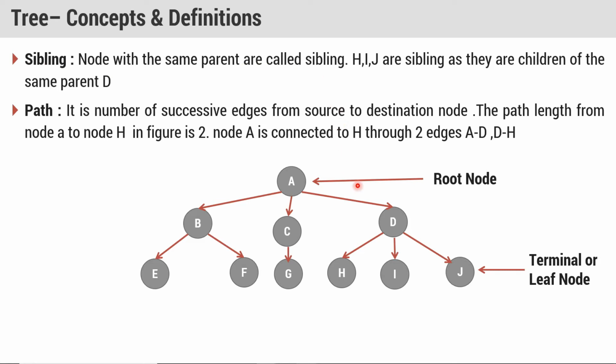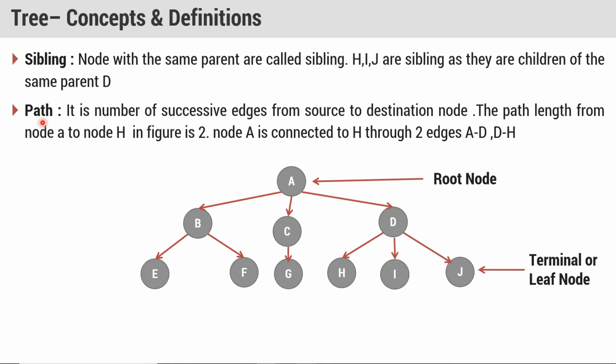Here in this figure, D is the node which has children H, I and J. So H, I and J are siblings as they are children of the same parent D. In the same way, B is the parent and E and F are siblings because E and F have the same parent. So sibling means nodes with the same parent.